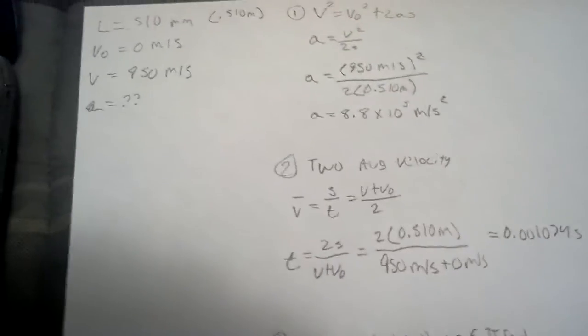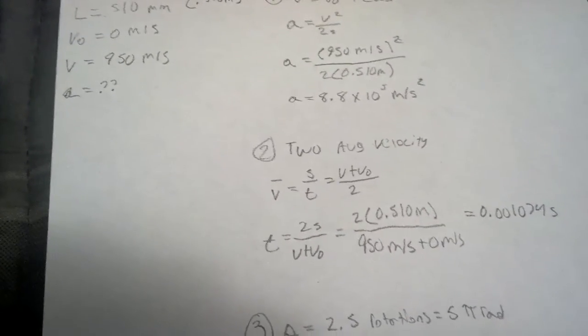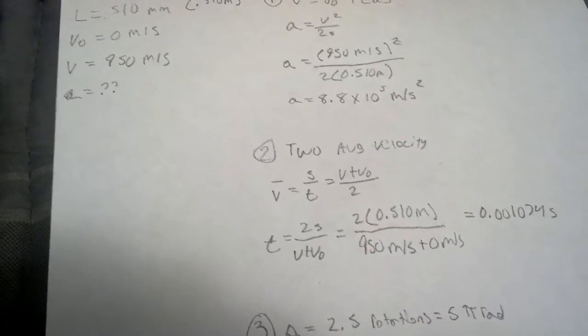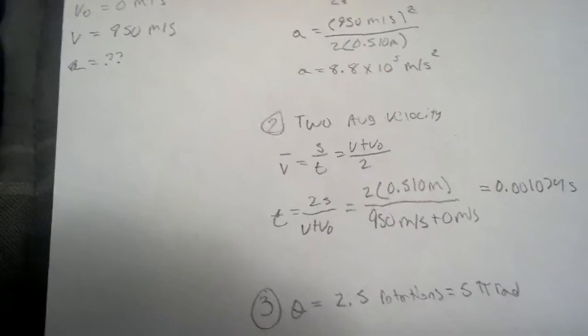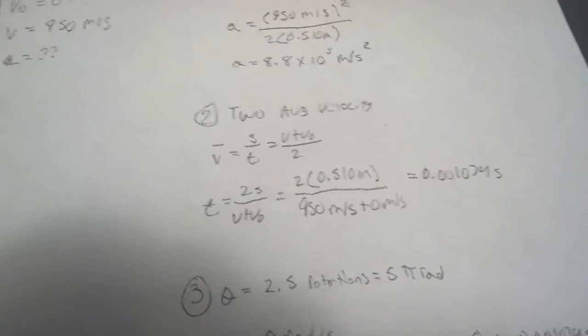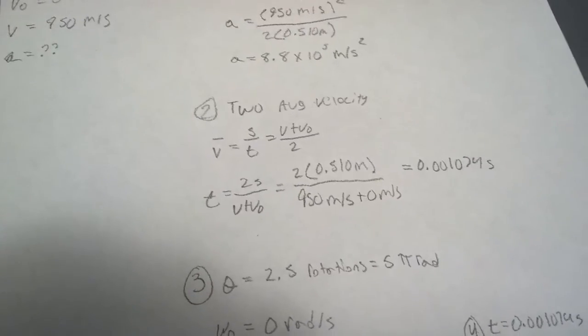The second part of the problem asked us to find the average rotational acceleration in radians per second squared. Alright, in this problem, it's kind of like a two-step thing, because we don't know the time.